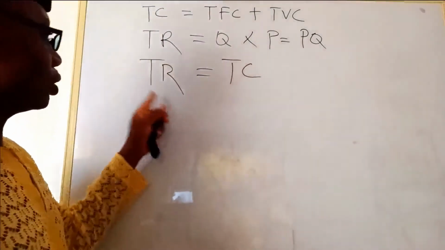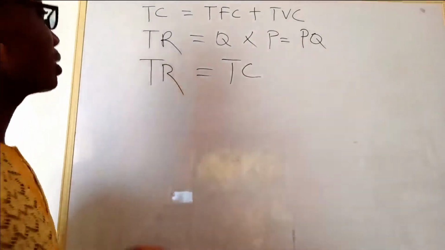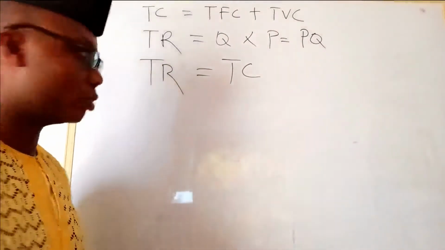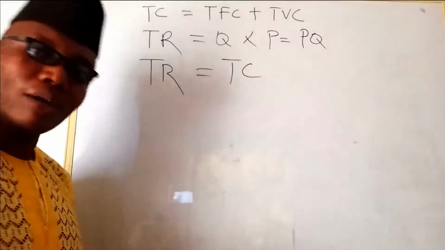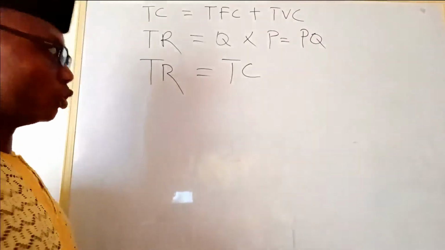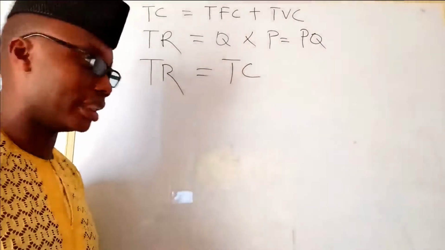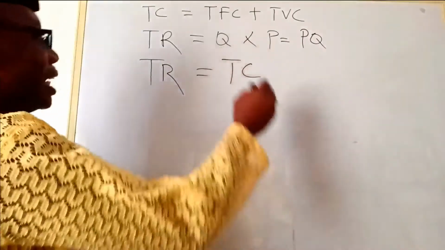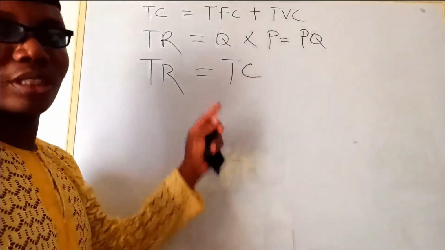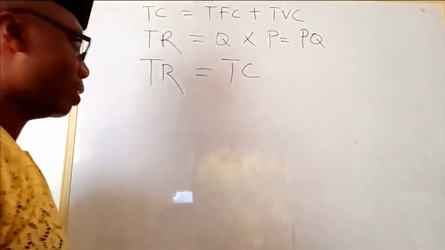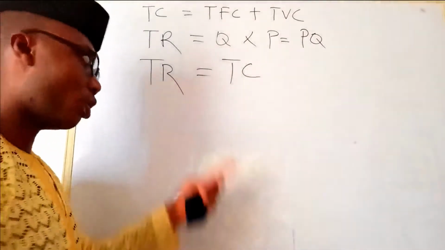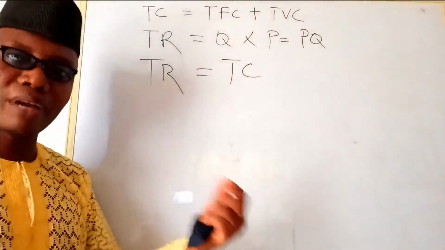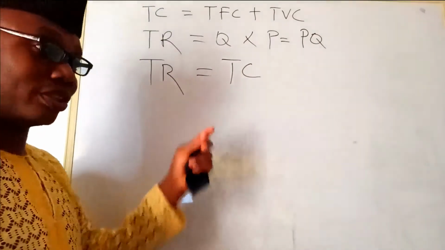When your total revenue, all that you sold, equals the amount you spent in producing whatever you are producing, you have what is referred to as an equilibrium. You have no profit. But in economics, we call this a condition of normal profit. This is what economists refer to as normal profit.